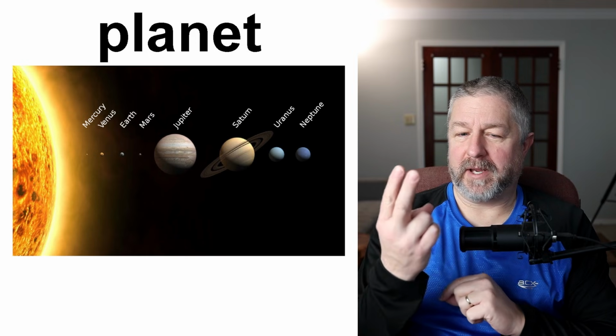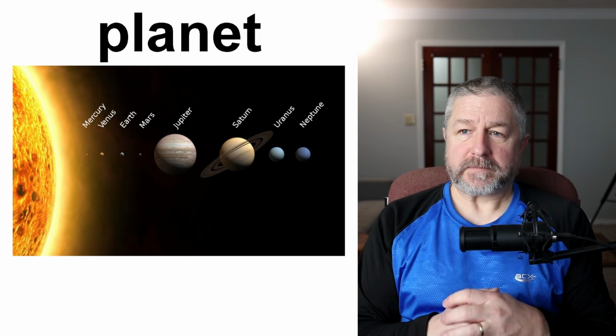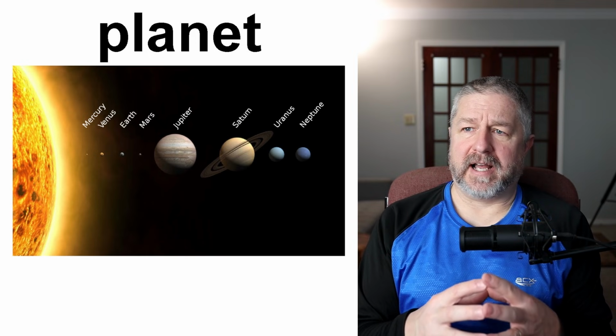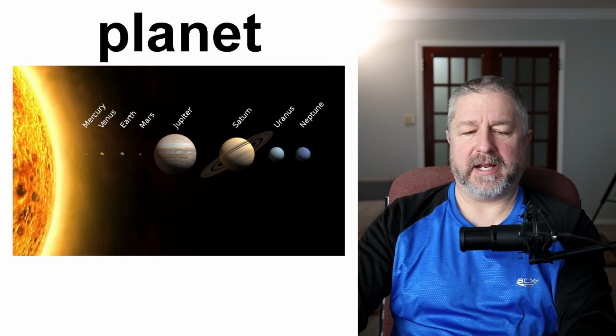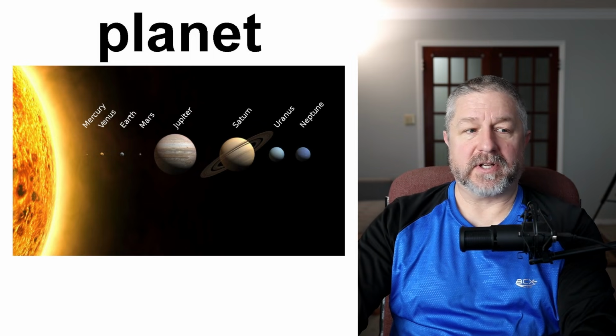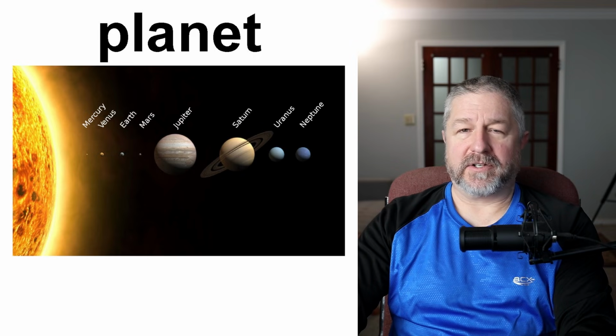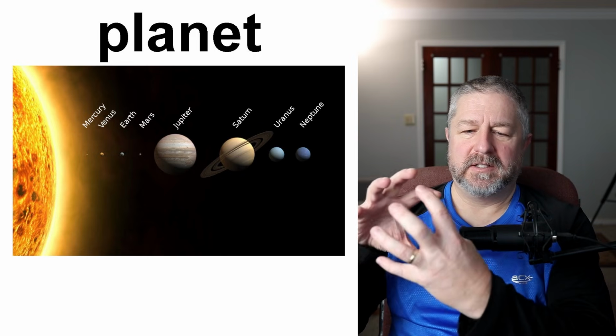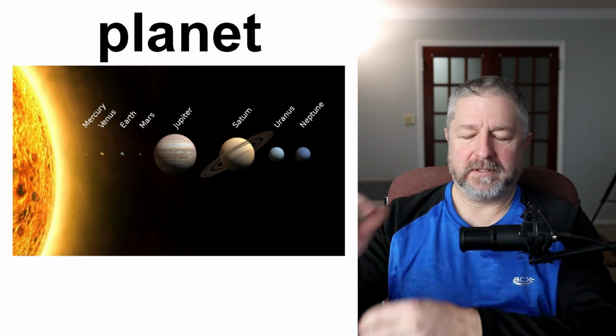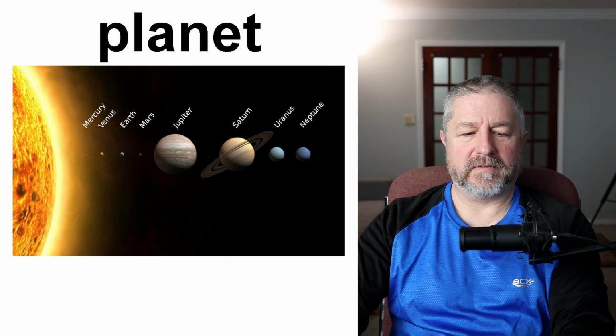I think I said it the other way for the last two. Generally, I think a planet has to have an atmosphere of some kind in order to be considered a planet. Again, not a science lesson, but planets are large spheres. So a sphere is a big, like a ball in space, and we live on the planet Earth.